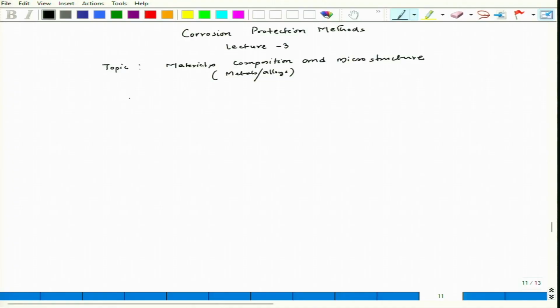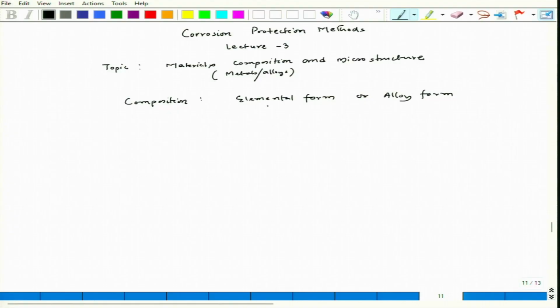Now if we talk about composition, it can be elemental form or alloy form. In the majority of our applications we use alloys; the elemental form has a very limited application field.